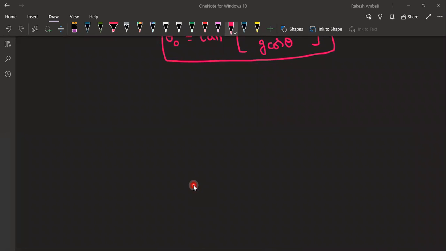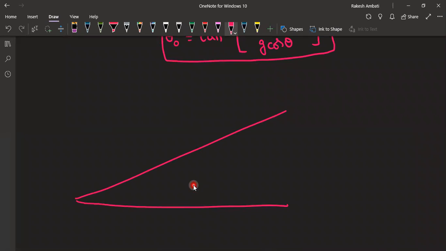So here it is an inclined plane. Then after it is a trolley, and here a pendulum is suspended.